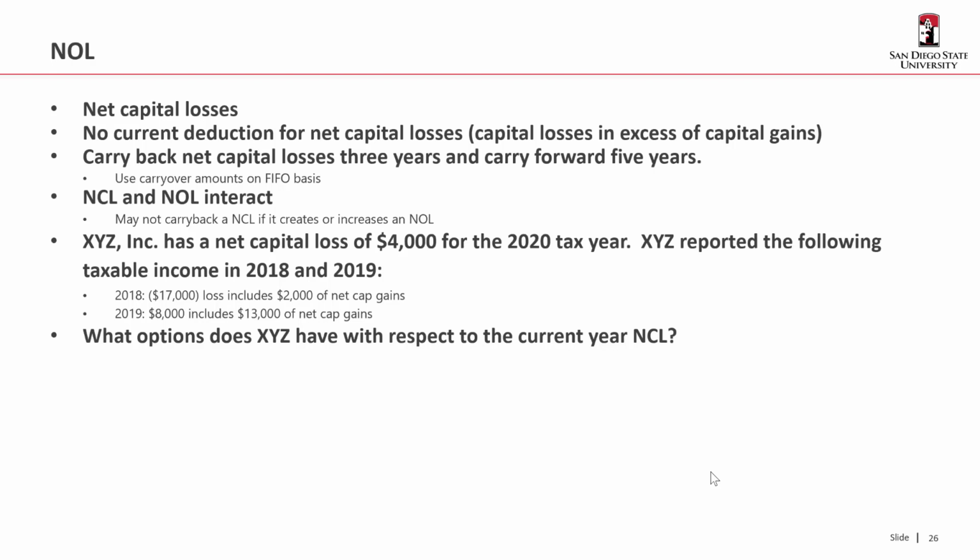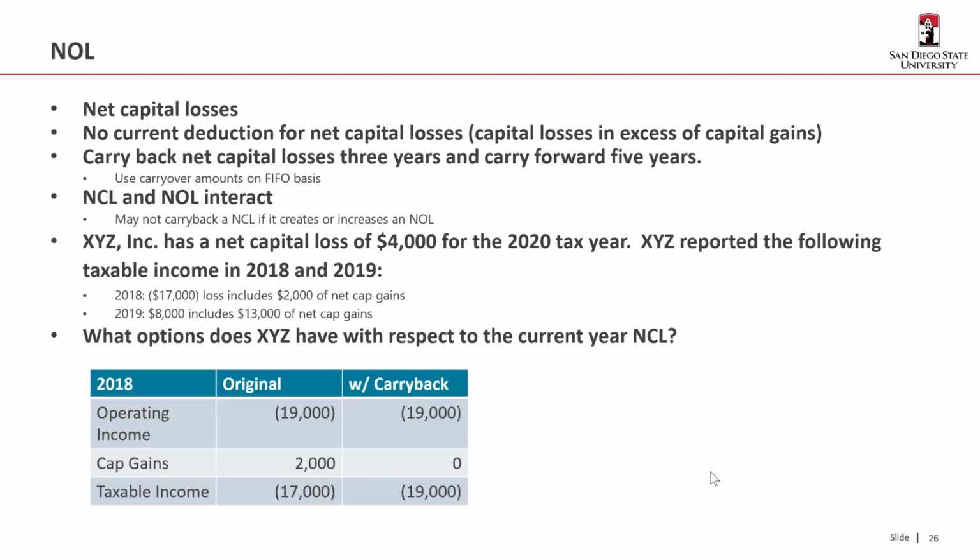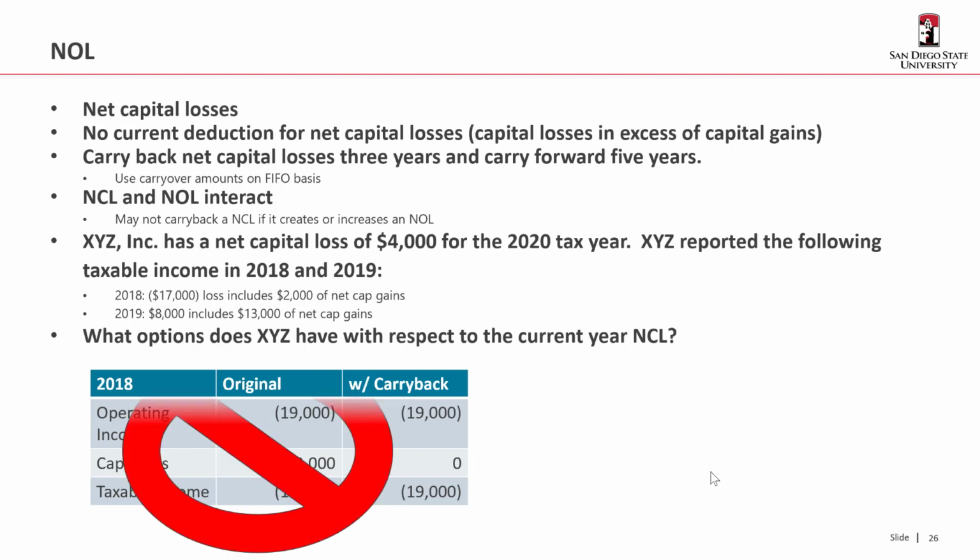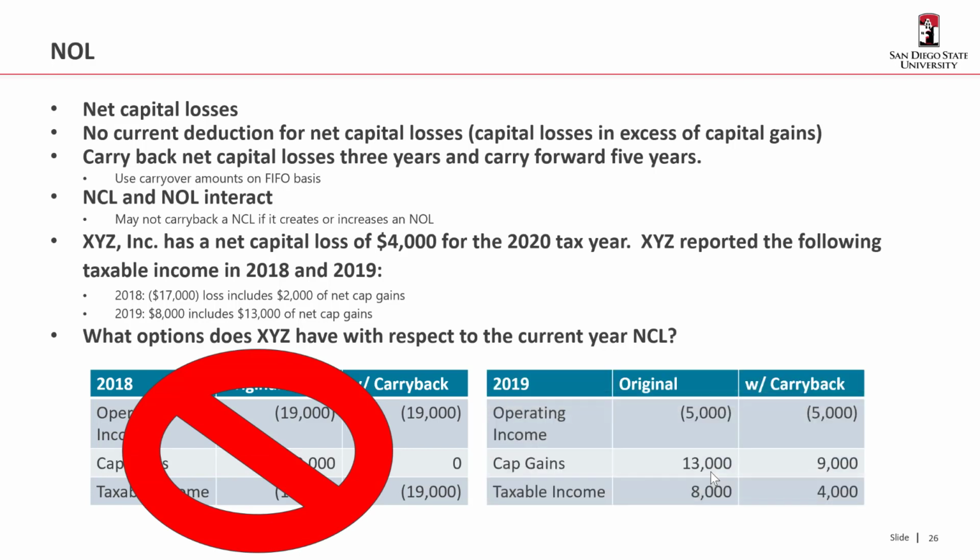So its earliest year back would be 2018. And even though there are capital gains in 2018, you can see that what happens is if you offset those capital gains, then the NOL is increased, and that is not permitted, right? So you cannot carry back the NCL if it creates an NOL, which means we'd have to go into 2019.